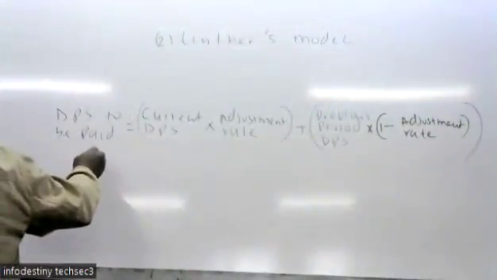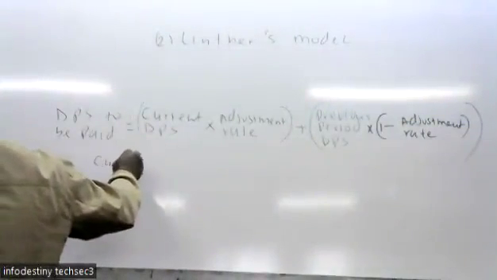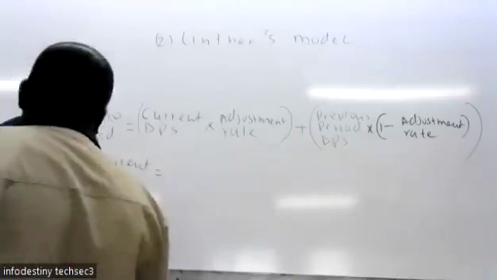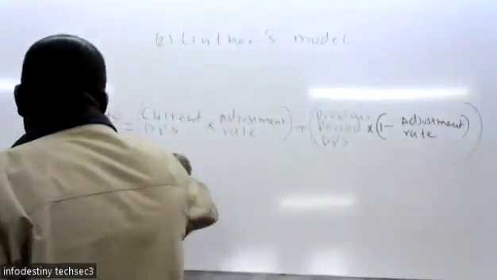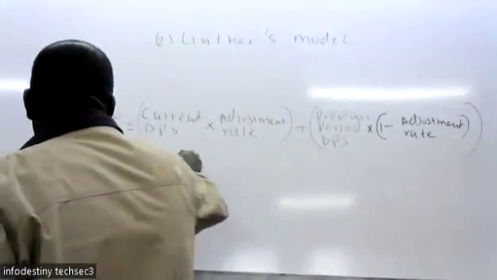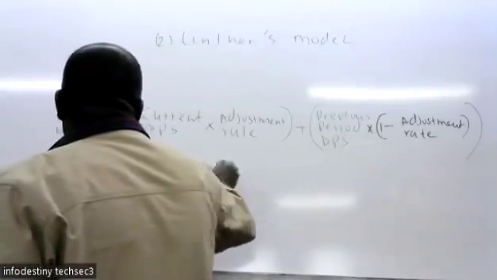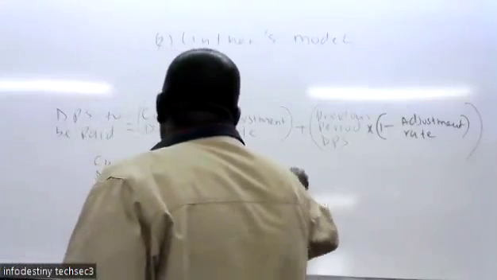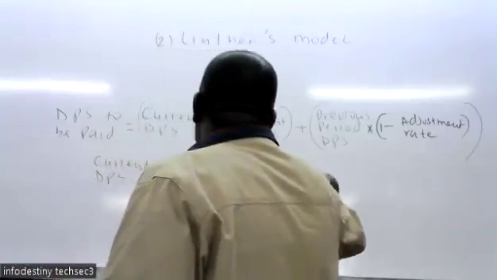To compute what should be the current dividend per share, simply get the current earning per share multiplied by the dividend payout ratio.